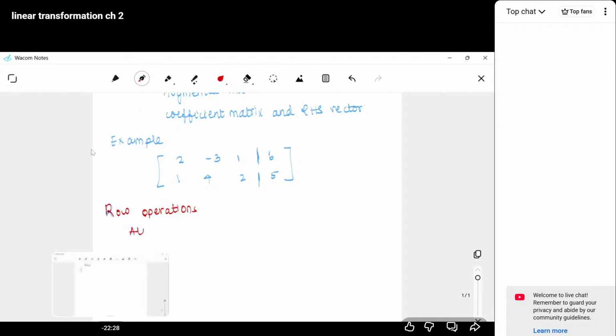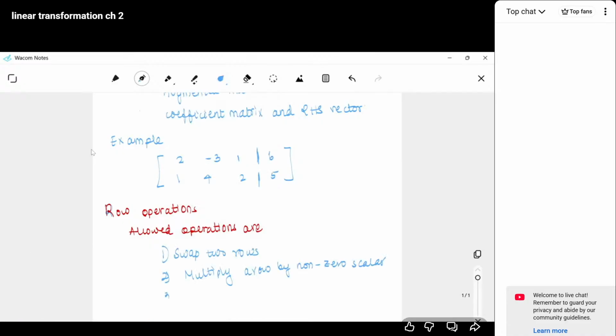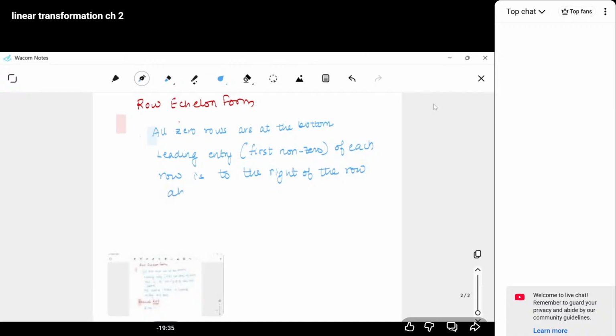The allowed operations are: all entries below a leading entry are 0. The first step is to make entries below a leading entry 0.